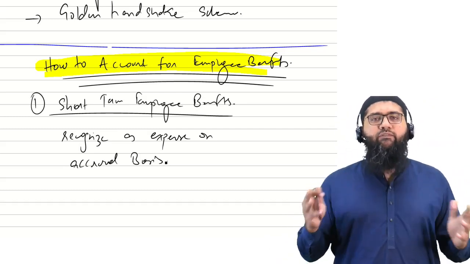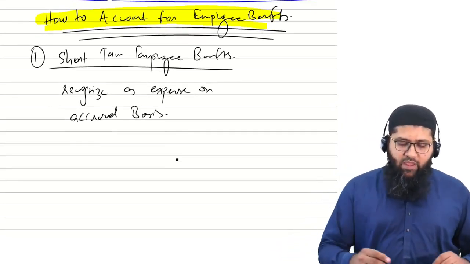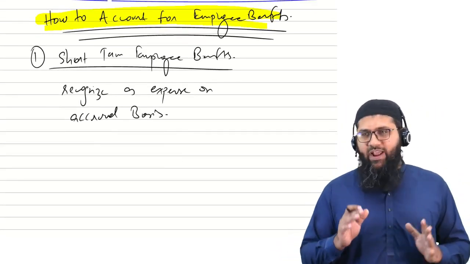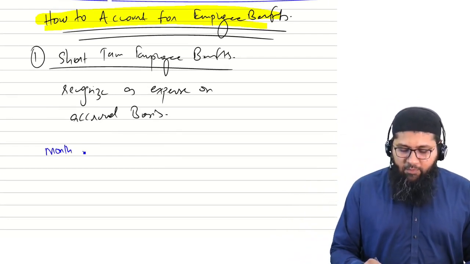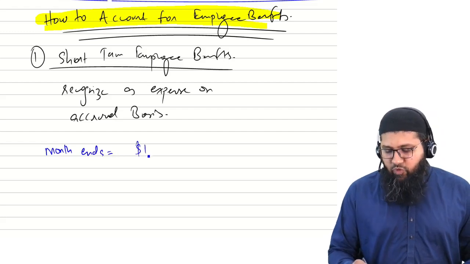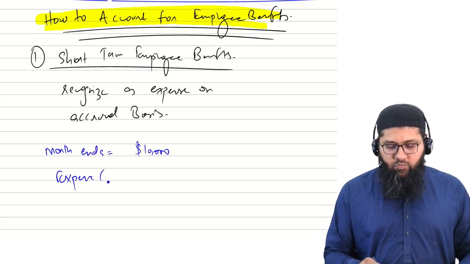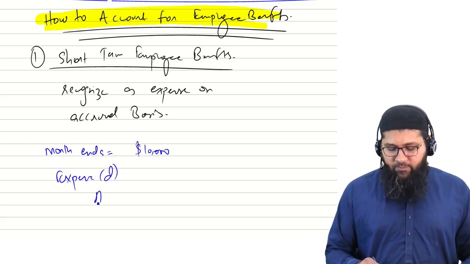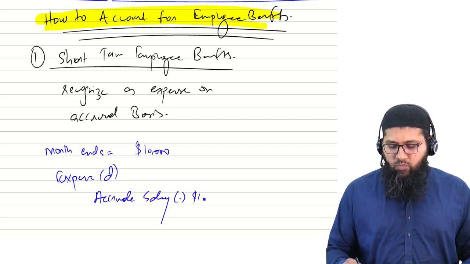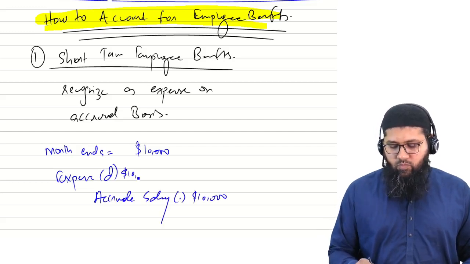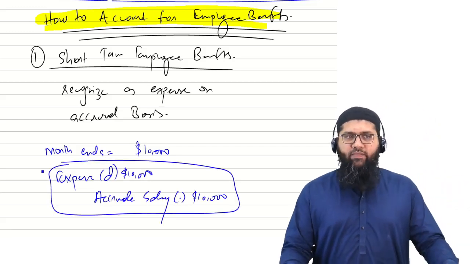This is simply what we do in our daily life. Try to understand. A month ends, you have to pay, let's say, $10,000 to the employee. So you would say expense debit, accrued salary is going to be credited by 10,000.